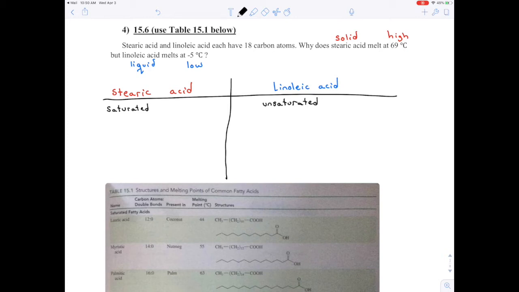If you are saturated, then the single bonds will all rotate so that each individual fatty acid lines up really well with the ones around it. If they line up well, then you have a lot of London dispersion forces.